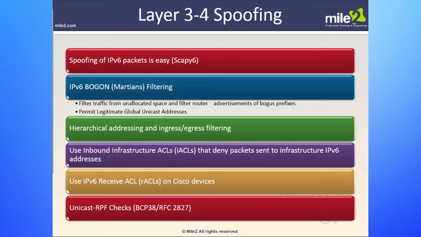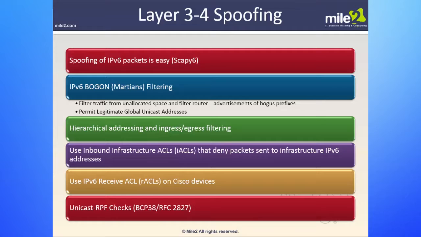We have the IPv6 Bogon Martian filtering, called Martian filtering, which basically will filter traffic from unallocated space and filter routing advertisements of bogus prefixes. It also permits legitimate global unicast addresses, and generally here we have a hierarchical addressing of your ingress and egress filtering.